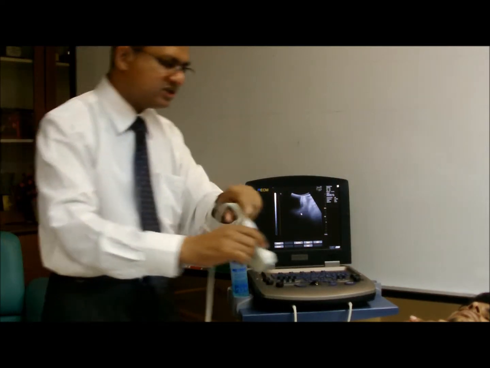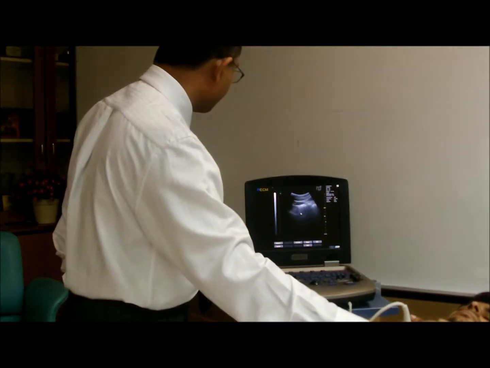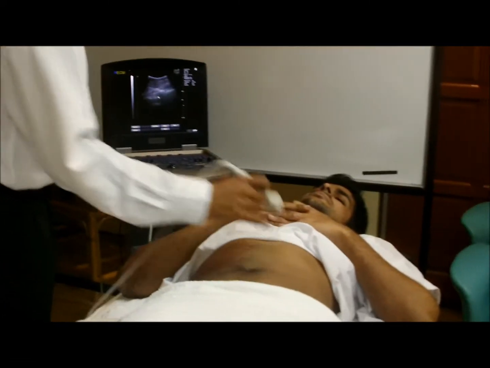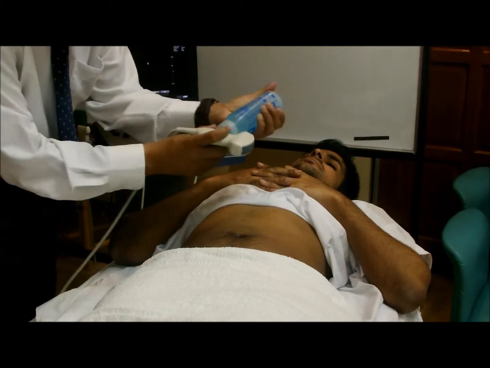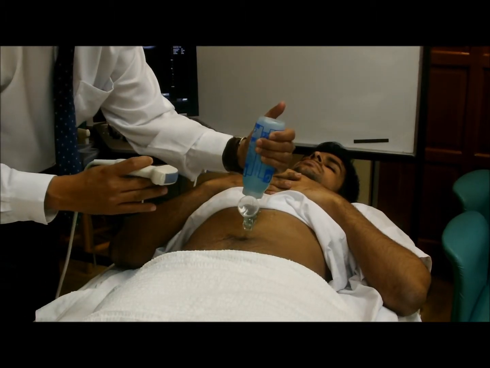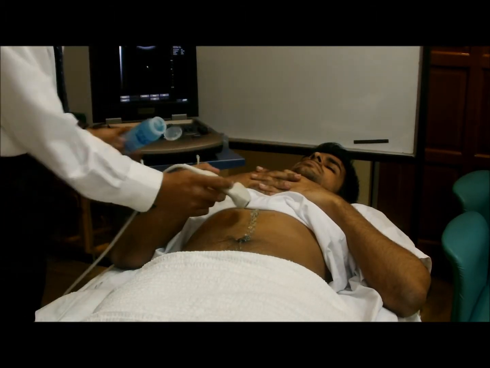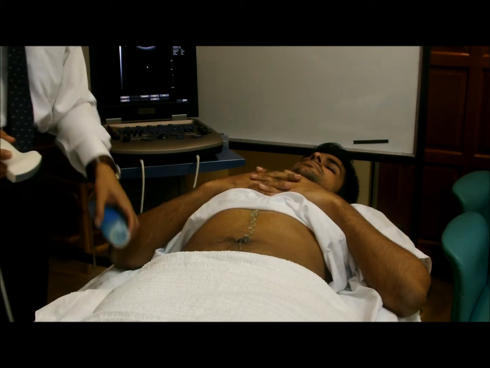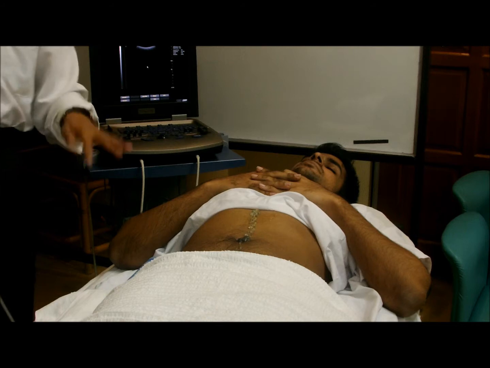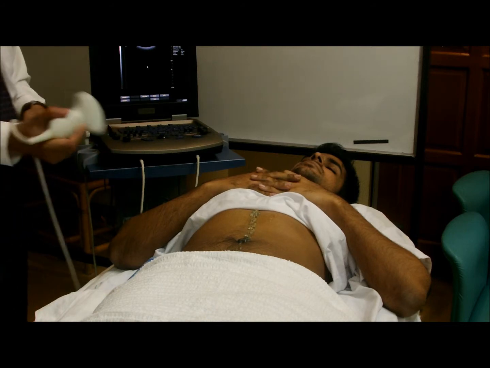You just put your probe straight there, and to locate the aorta, first of all, you know that the abdominal aorta runs from the epigastric area towards the umbilicus, where it bifurcates into the right and left common iliac arteries.